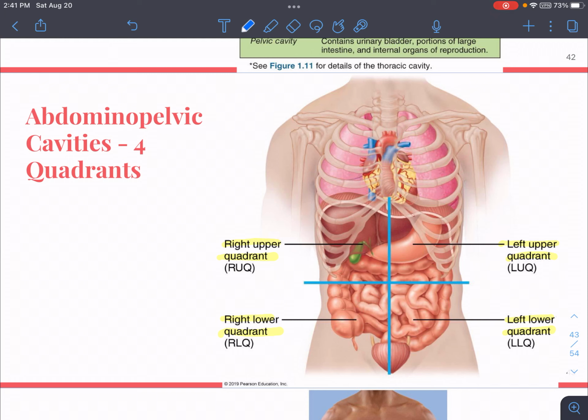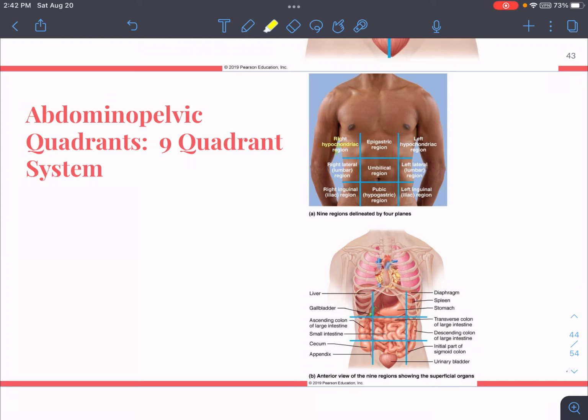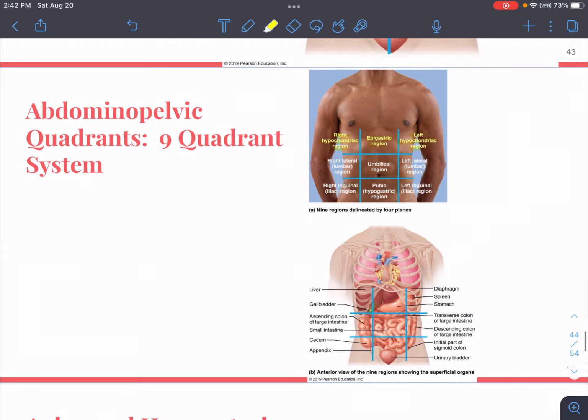These are named somewhat for the area, but they have more specific names, like right hypochondriac region, the epigastric region, left hypochondriac region, right lateral or lumbar region, left lateral or lumbar region.